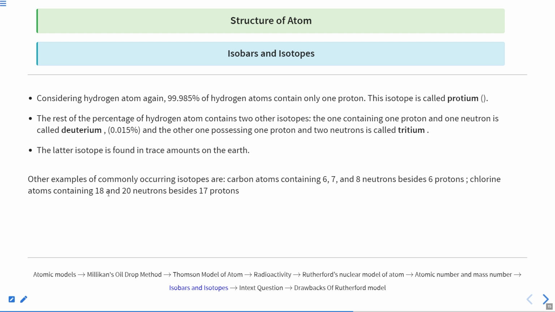Similarly, chlorine can have 18 and 20 neutrons besides 17 protons. 17 plus 20 gives a mass number of 37, and the other has 17 plus 18, which is 35. So chlorine-35 and chlorine-37 are the two isotopes of chlorine.